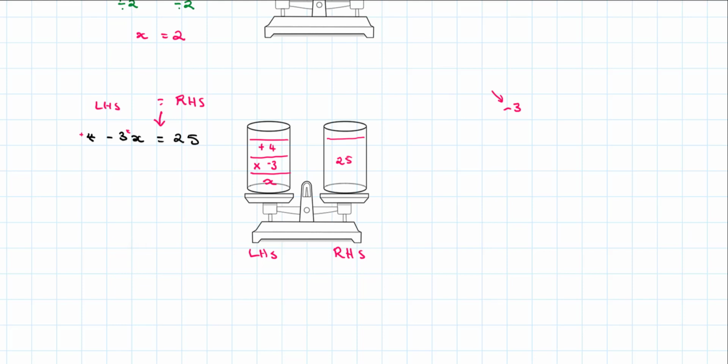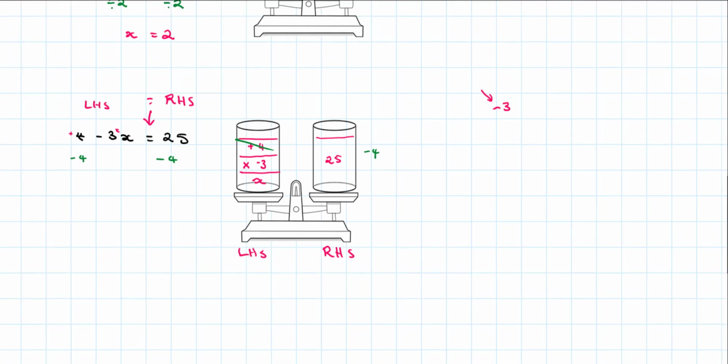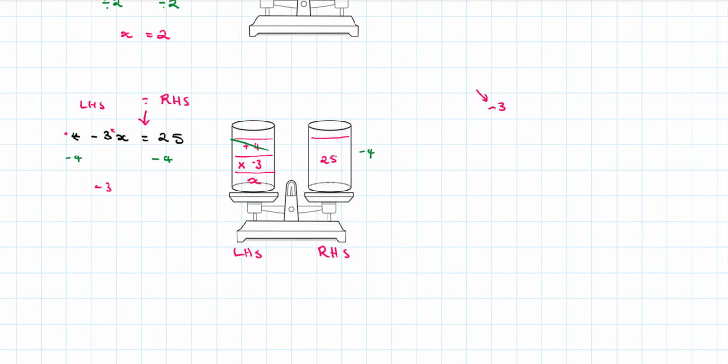So I'm minus 4 from both sides. So we're doing a minus 4 here and a minus 4 here. That leaves me with negative 3x equaling 21. So my 25 has now become 21.